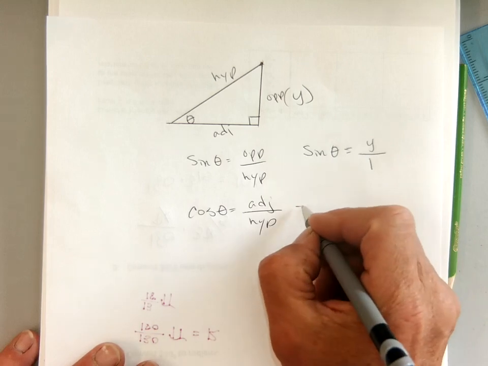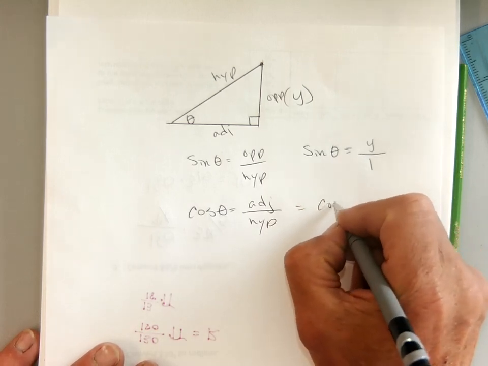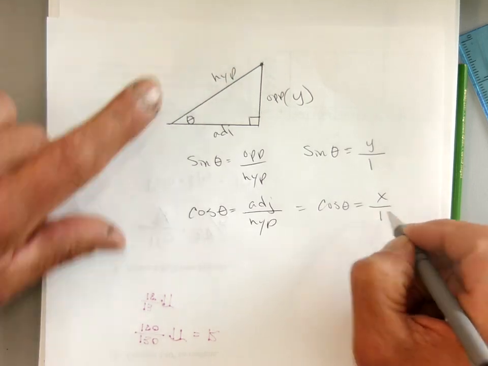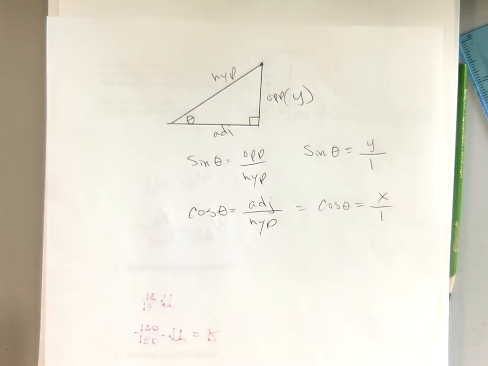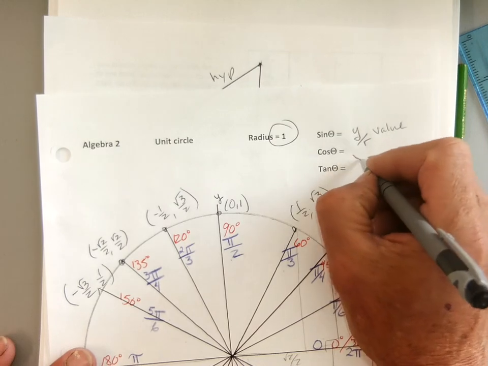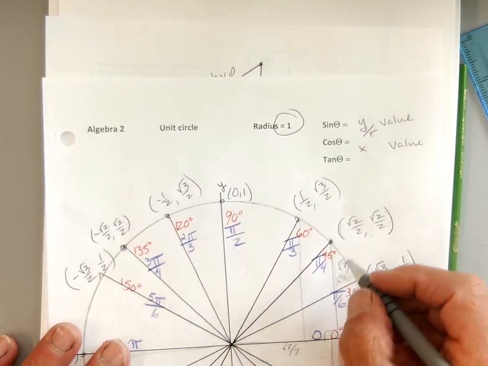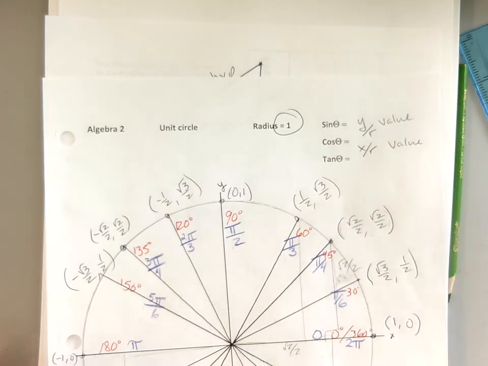So the cosine is the x value over 1. We're going to put it over r because eventually we'll take ourselves off the unit circle.